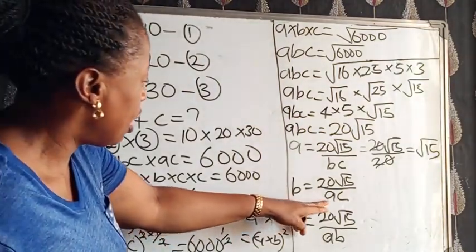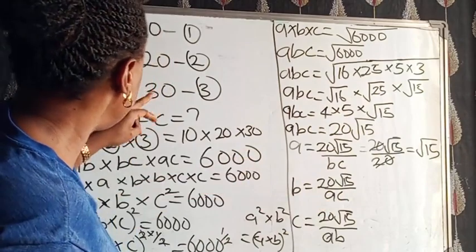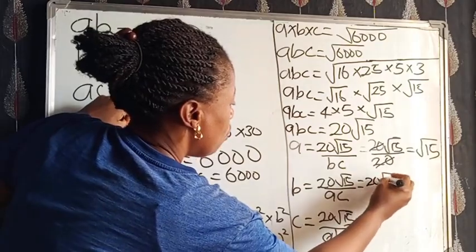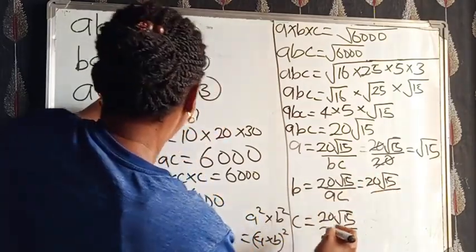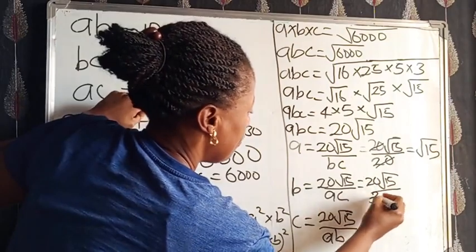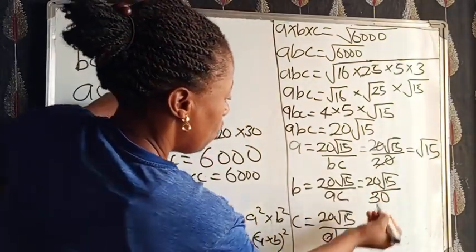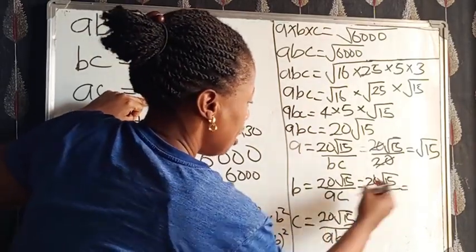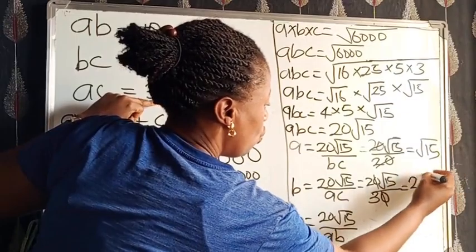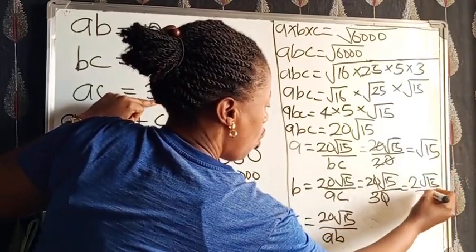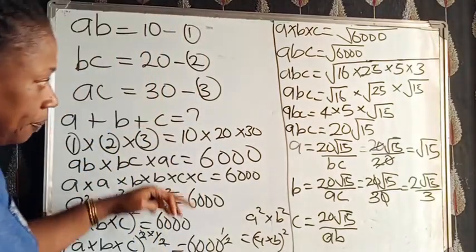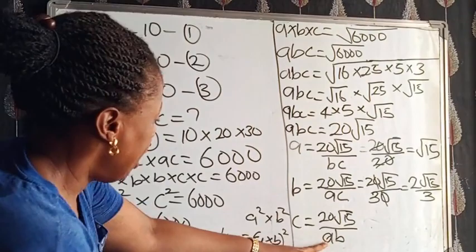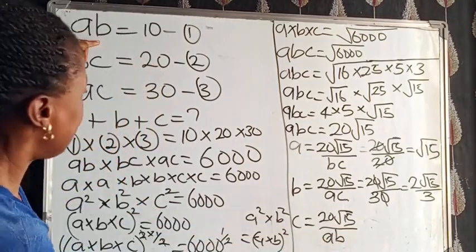Now B here, AC is what? AC is 30. So we have 20 root 15 all over 30. So this 0 will divide this 0. You have B equals 2 root 15 all over 3. Let's come here. AB is what here? It is 10.